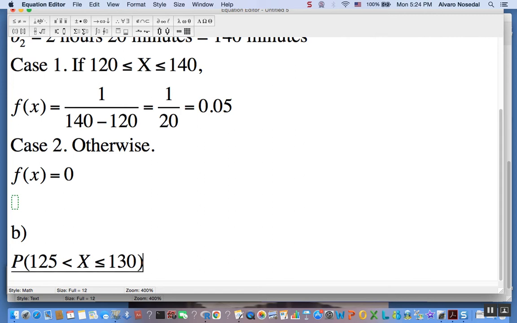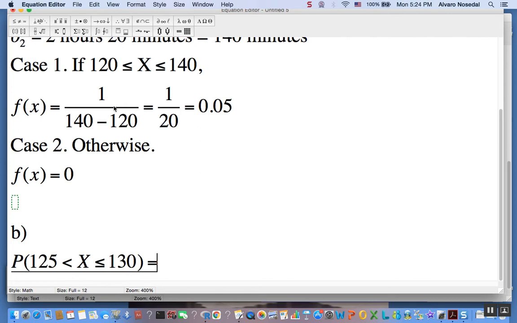Now if we were dealing with a discrete random variable, it would be the sum of the values that fall between these two, but now we have a continuous random variable, so instead of sums, we do integrals.